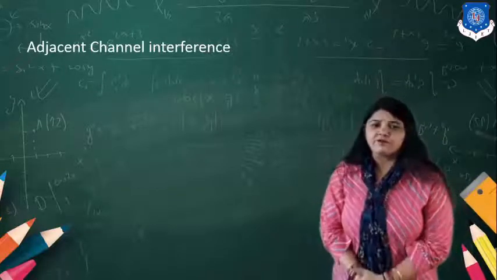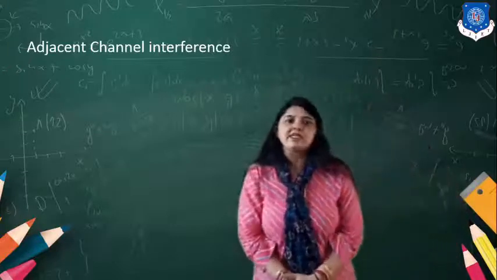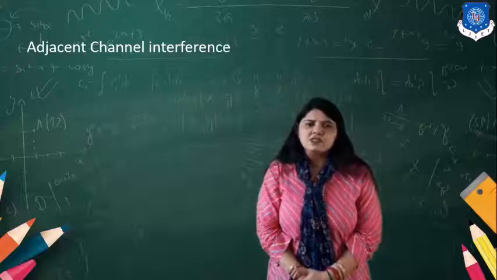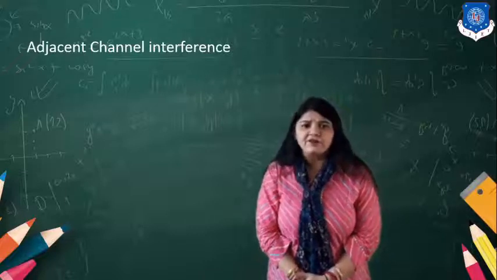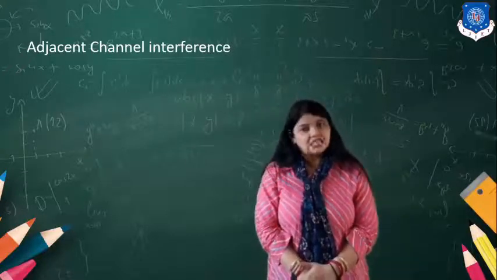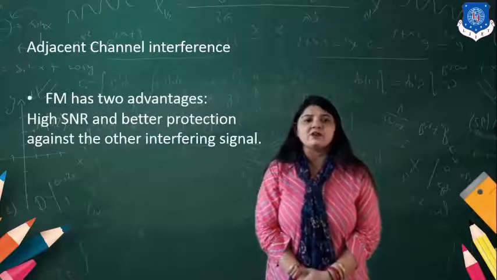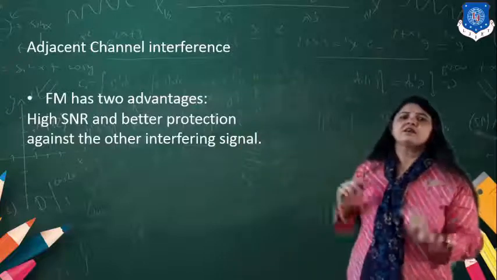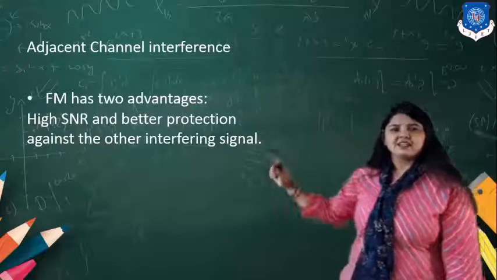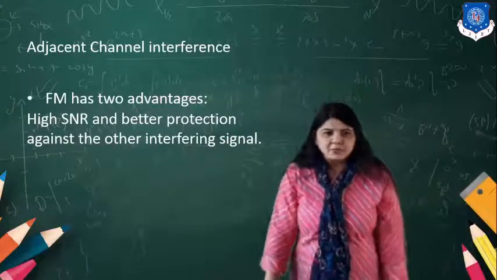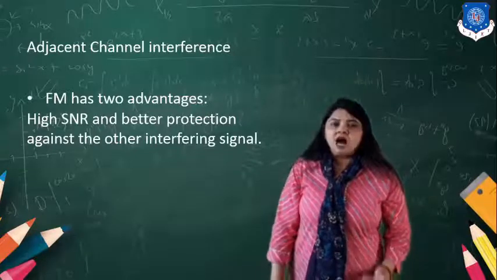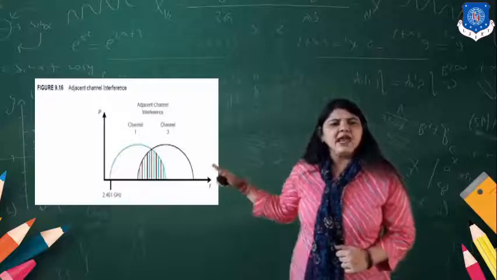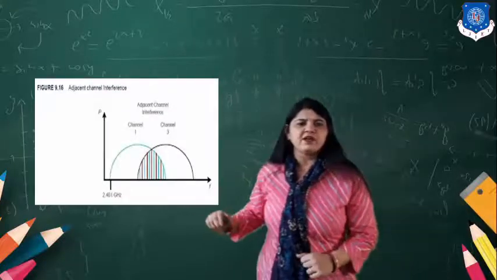Adjacent channel interference and co-channel interference, all these kinds of interference we mostly observe in the case of the mobile receiver. As we know, FM has two advantages: high SNR and better protection against other interfering signals.